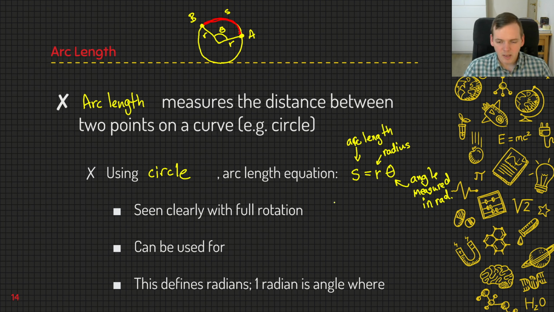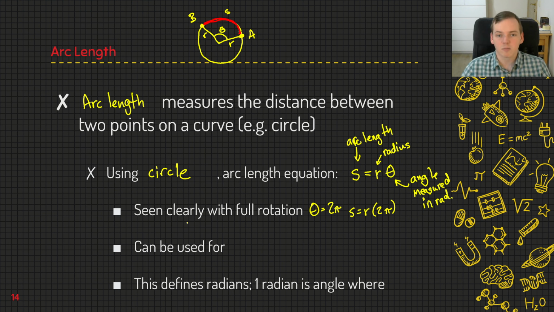So if I have this length S and the measurement in theta, I can find r, or any other combination of this. This is seen clearly with a full rotation. If you go all the way around, theta will equal 2 pi. Then I have S equals r times 2 pi, which you'll hopefully recognize as 2 pi r, the circumference of a circle. And what is the circumference of a circle? It's the distance around the outside edge.